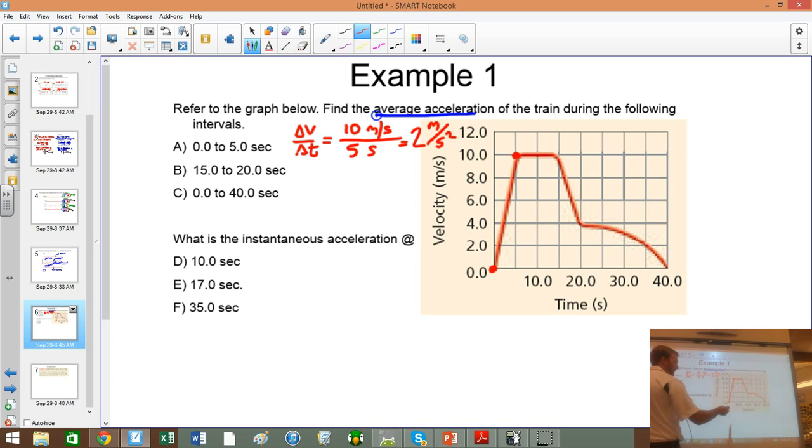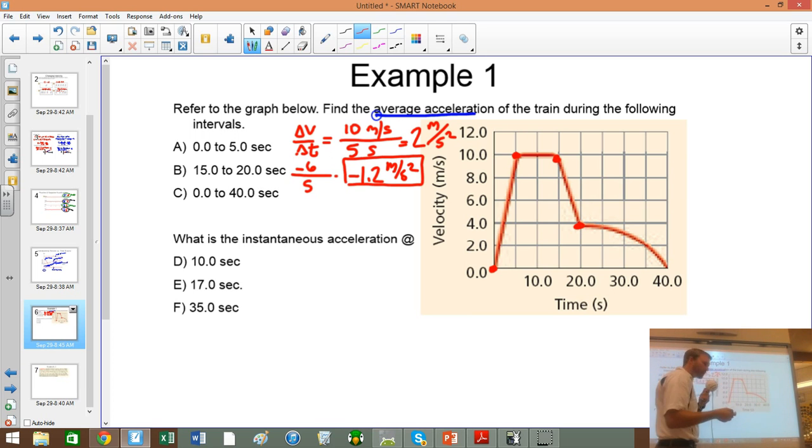So from 15 to 20. So here's 15, here's 20. My change in velocity, it looks like my final is 4 to 10. So 4 minus 10 is negative 6. My change in time was still 5 seconds. So that's going to be negative 1.2 meters per second per second. So I'm getting 1.2 meters per second slower every second.